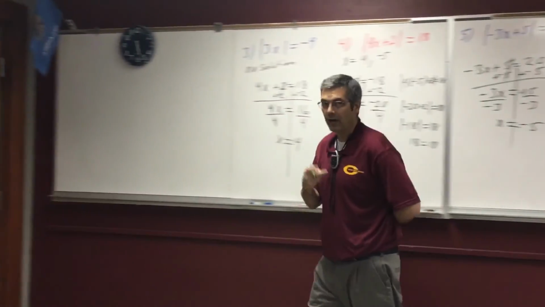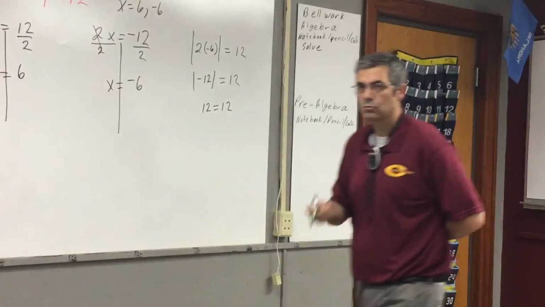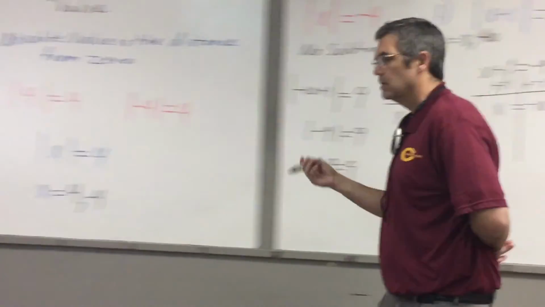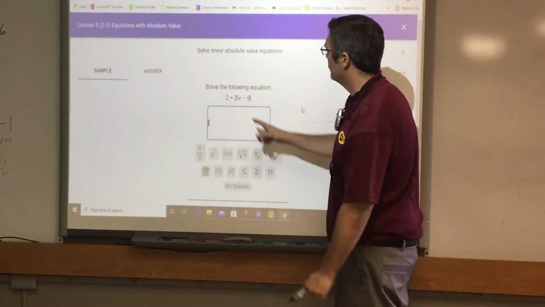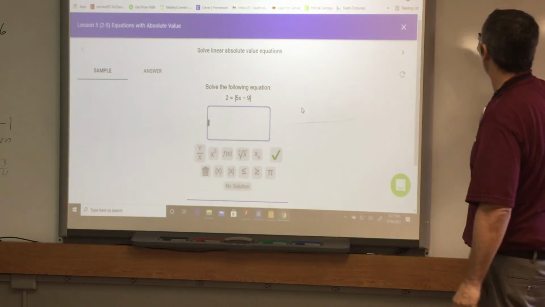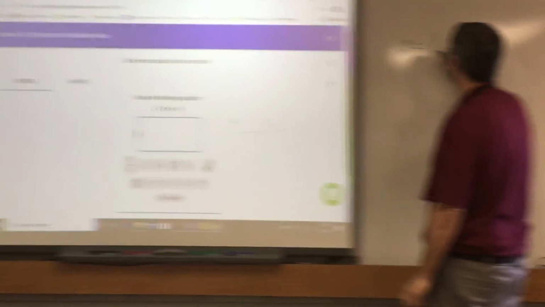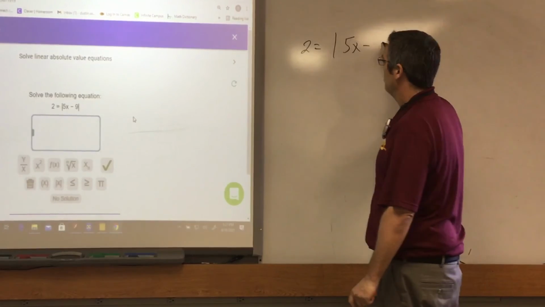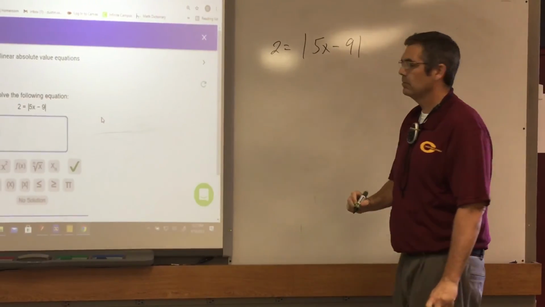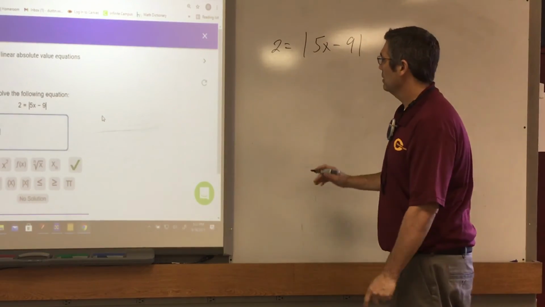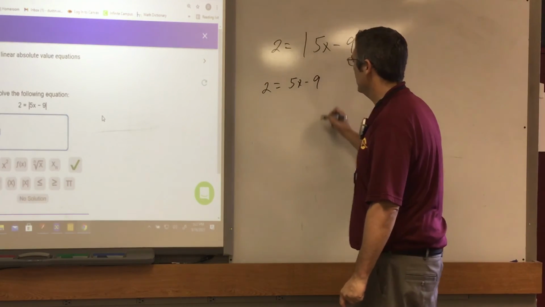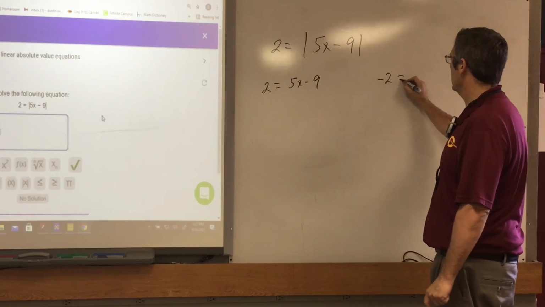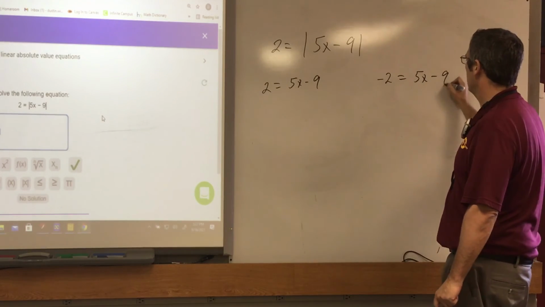Now I want to show you how you're going to put these things into Get More Math, because I don't want you making mistakes because you don't know how to plug it into the program, right? So here we have 2 equals the absolute value of 5x minus 9. Same thing: 2 equals 5x minus 9, negative 2 equals 5x minus 9.